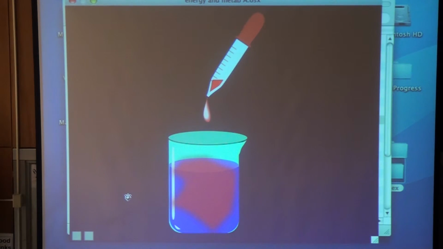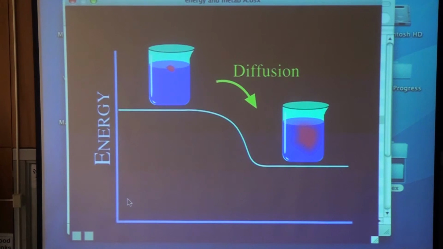When they were all clustered together at a high concentration, that equals high potential energy, and the more they spread themselves out to lower concentrations, that equals lower potential energy. Like that, there's the potential energy diagram. And this is another thing we're going to be talking about quite a bit in this lecture: how diffusion equals a loss of potential energy for the solutes.